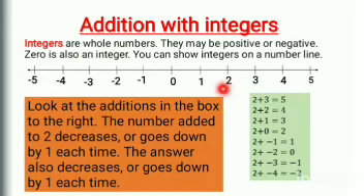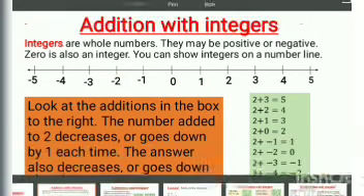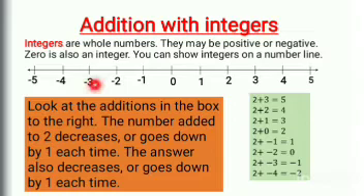Now, the answers also, you can see that we have 5, 4, 3, 2, 1, 0, -1, -2.